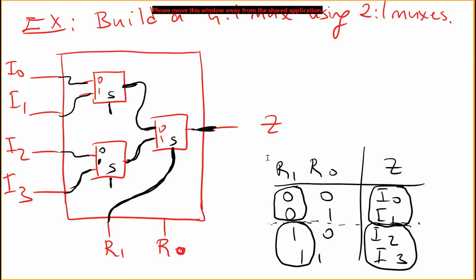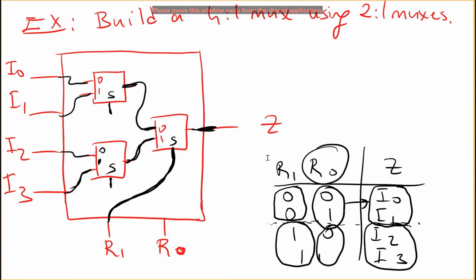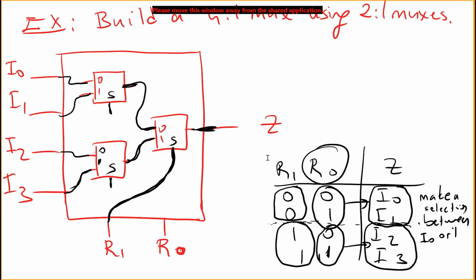Then if you look at the table, R0 is selecting either between I0 or I1, or between I2 and I3. So if I need to make a selection between I0 or I1, then I need to use R0.